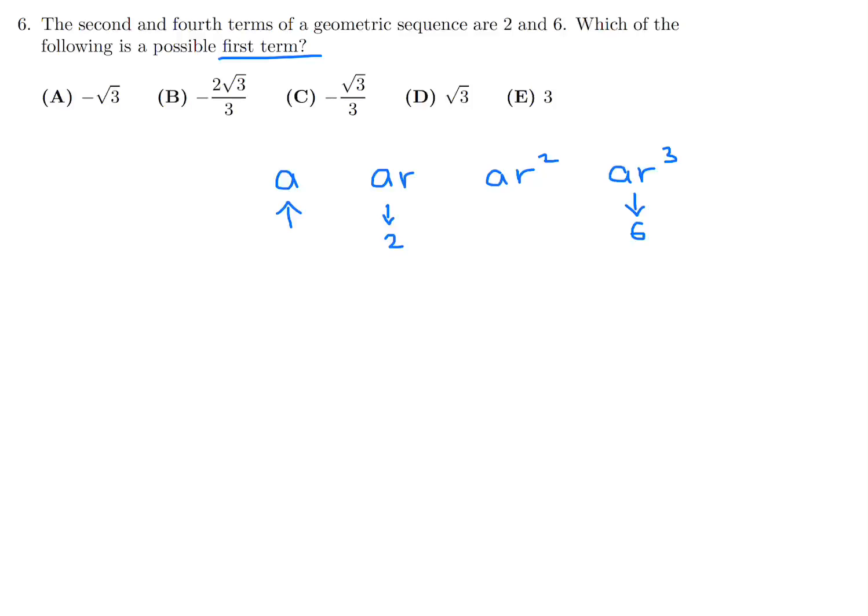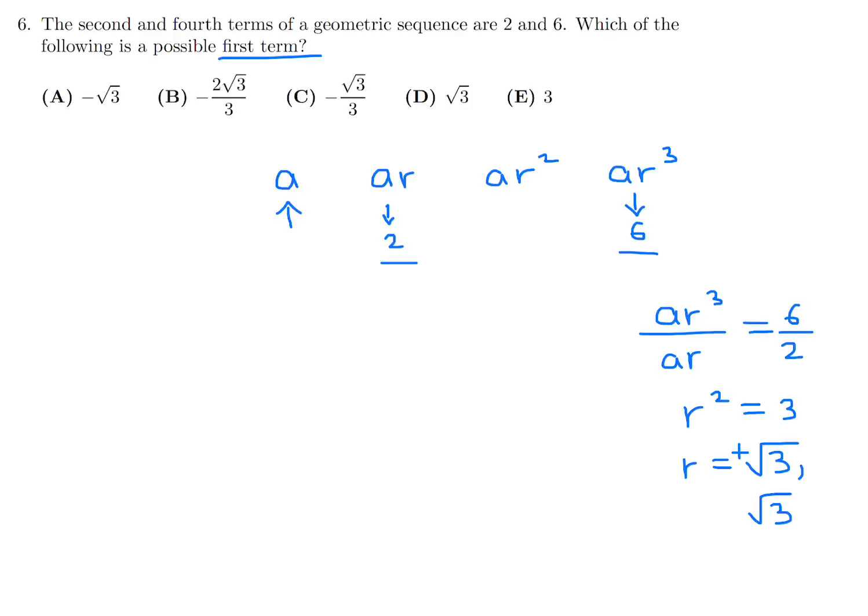Okay, so where can we start here? Let's start with the ones that we are given the values for. AR cubed over AR, just R, and that's 6 over 2. So the A's cancel, and that gives you R squared is equal to 3. So therefore R is equal to the square root of 3 positive or the square root of 3 negative.